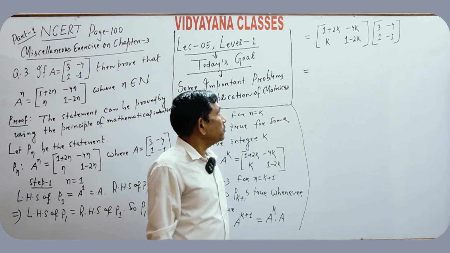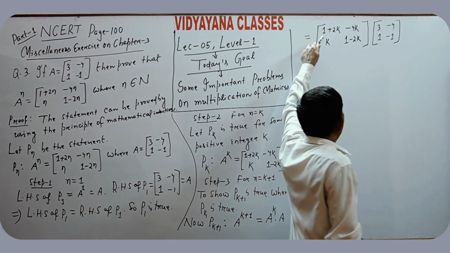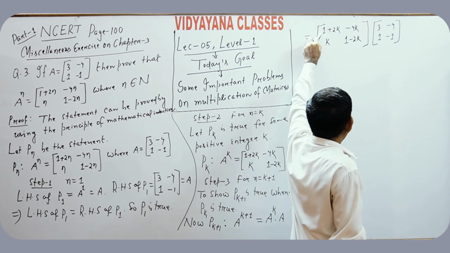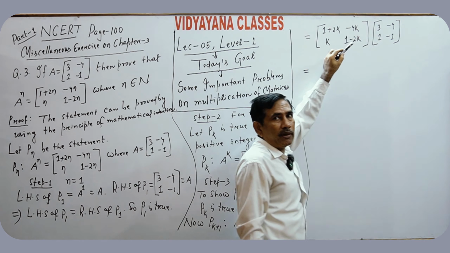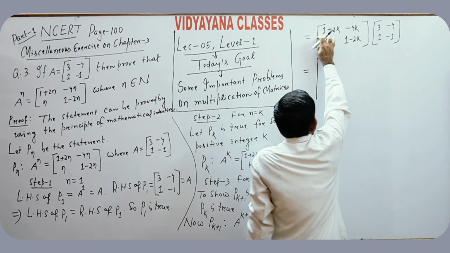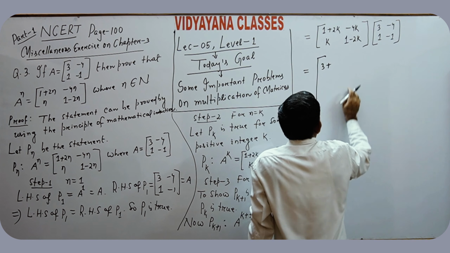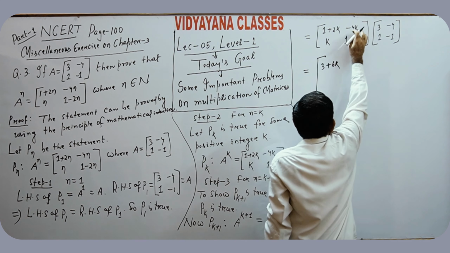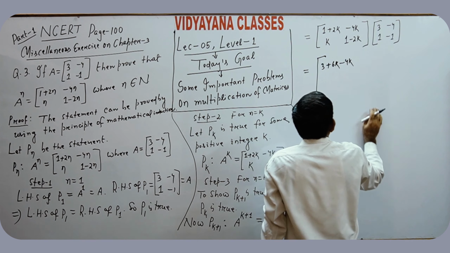Using the rule of matrix multiplication, go through row 1, come down in column 1, multiply the corresponding elements and add them. 1 plus 2k into 3, that is 3 plus 6k. Minus 4k into 1, that is minus 4k.